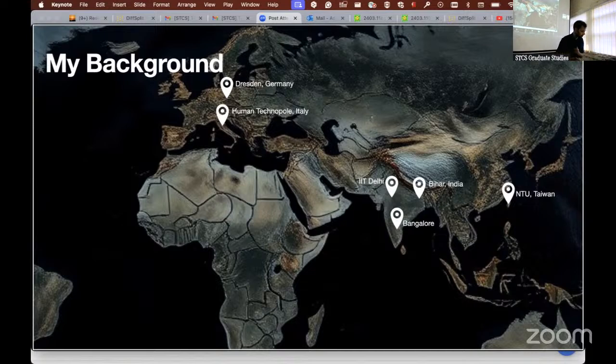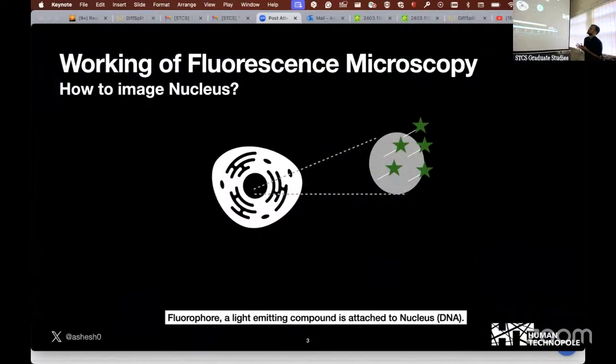So my idea is that I will try to explain to you what fluorescence microscopy is, and from there we will move into the computer science aspect of this presentation. So let's ask this simple question: how do people image a nucleus in fluorescence microscopy? They attach some light-emitting compounds known as fluorophores to the nucleus, and the property of this compound is that when you shine light of a specific wavelength, it gets excited and starts to emit light.